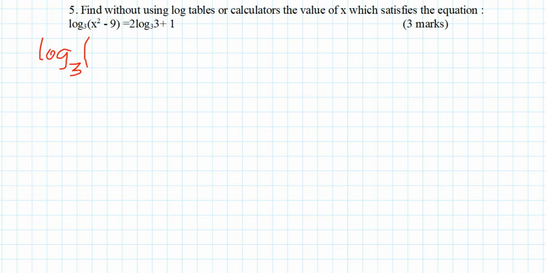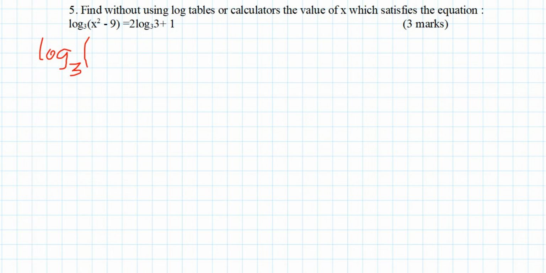So in our fifth question, we have been told: find, without using log tables or calculators, the value of x which satisfies the equation log to base 3 of (x squared minus 9) is equivalent to 2 log to base 3 of 3, plus 1.